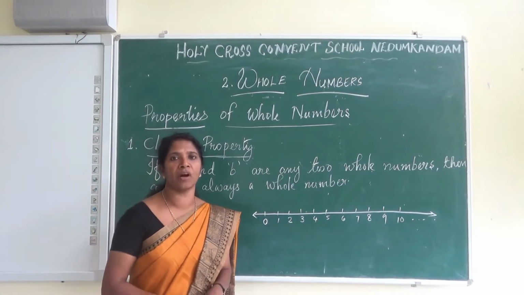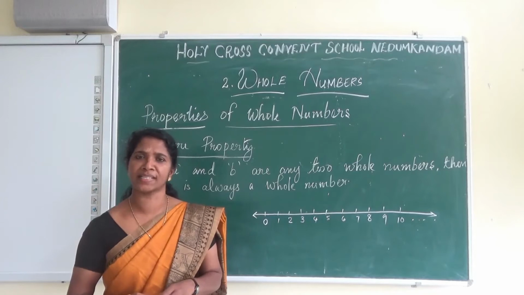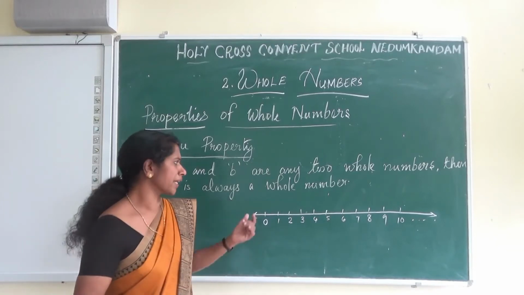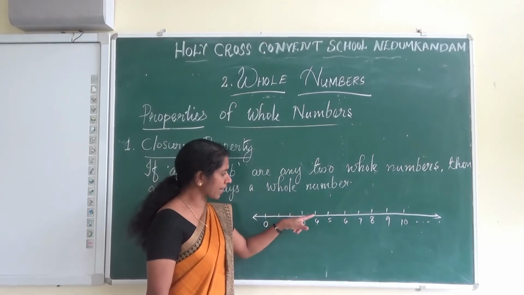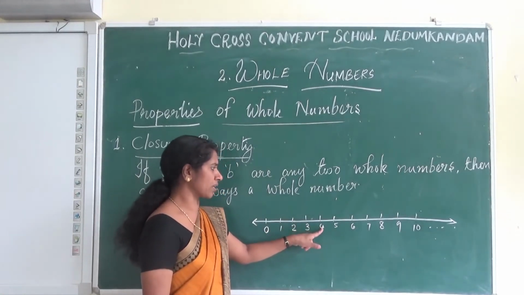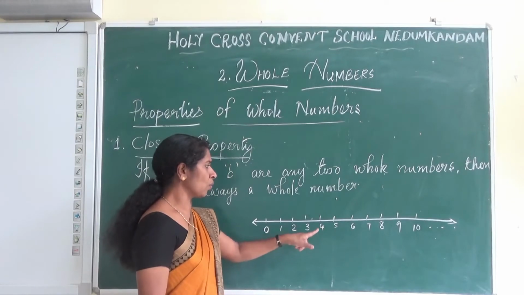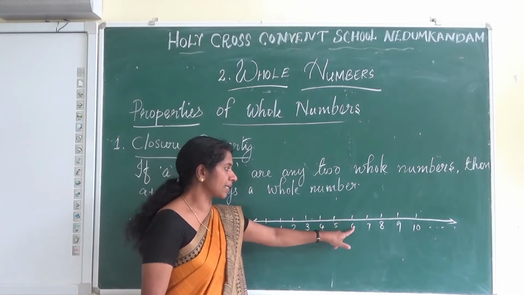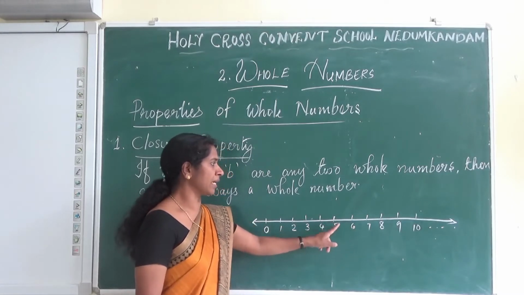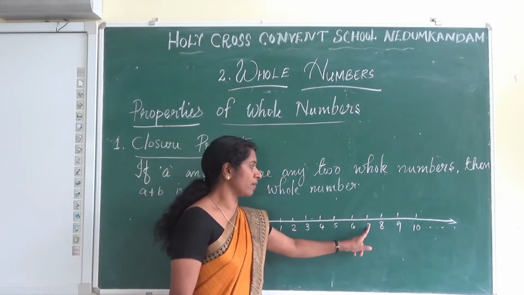Now we have to study about the successor and predecessor of a number. On the number line, the number immediately to the right of a number is called the successor. So 4 is the successor of 3, 6 is the successor of 5, 8 is the successor of 7.